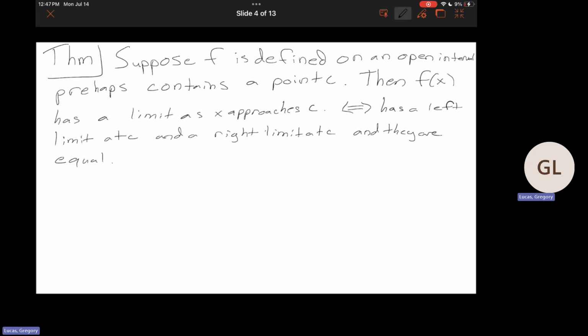And then one more equivalent statement, if we want to write this more symbolically. So all three of these mean the same exact thing.